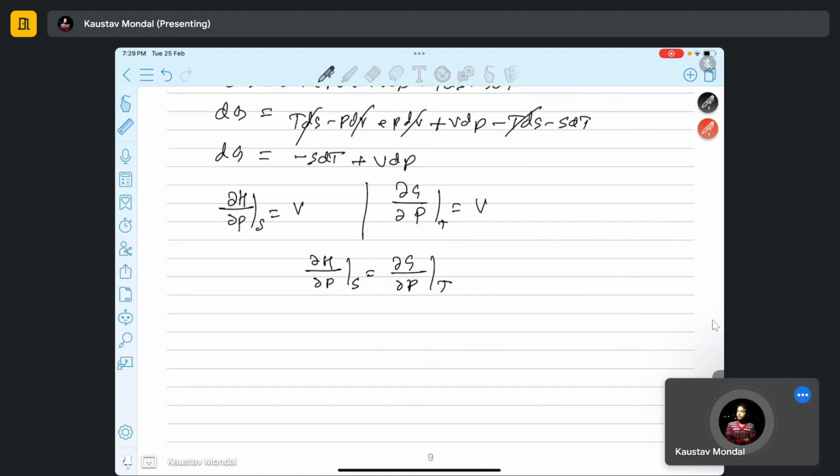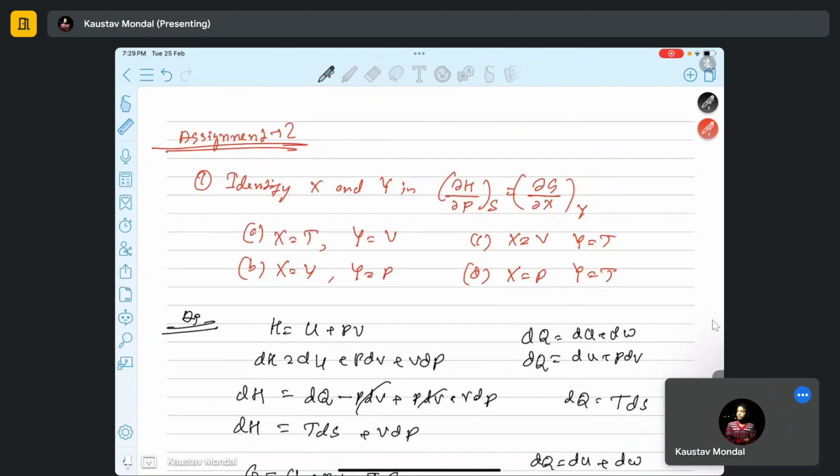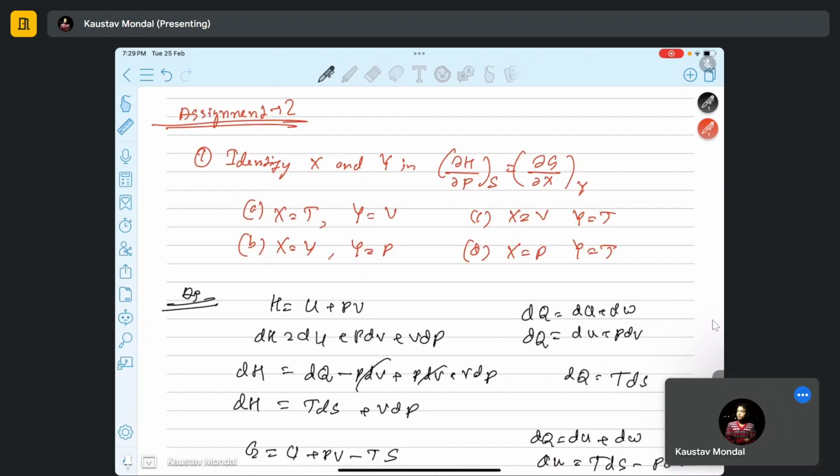In this problem x is P and y is T. So the correct option will be option D.